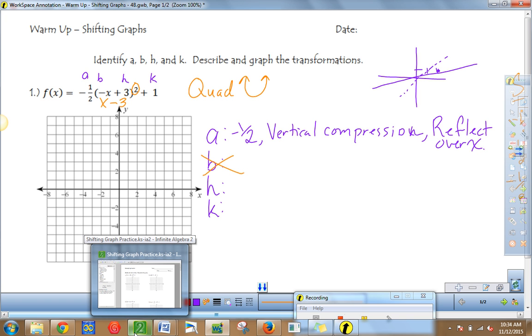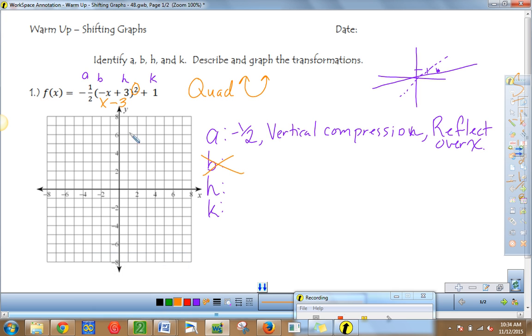Why can you eliminate it if it's negative? Because you can factor it out, and a negative 1 squared is just a positive 1, so it just changes this guy. So what's my H value then?